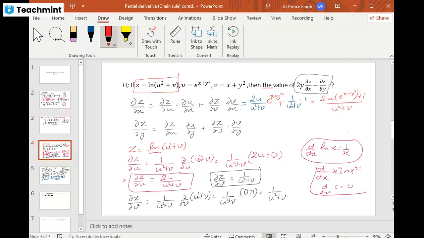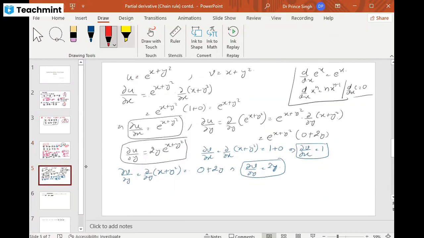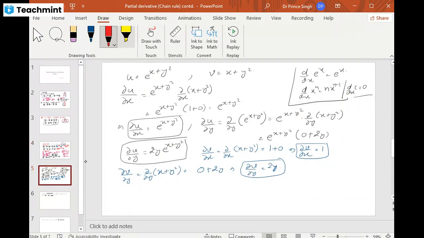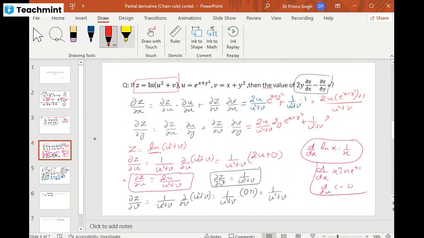And if we calculate ∂z/∂y, it is ∂z/∂u, which is 2u upon u² + v, and ∂u/∂y, which is 2y times e raised to the power x + y². And ∂z/∂v is 1 upon u² + v into the derivative of v with respect to y, which is 2y.